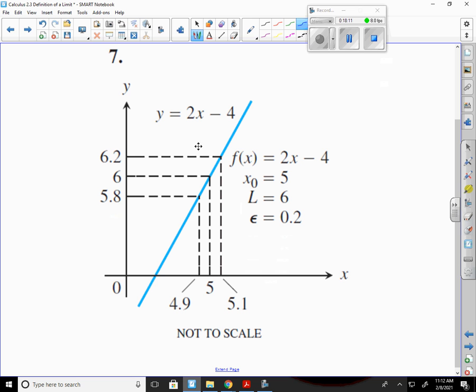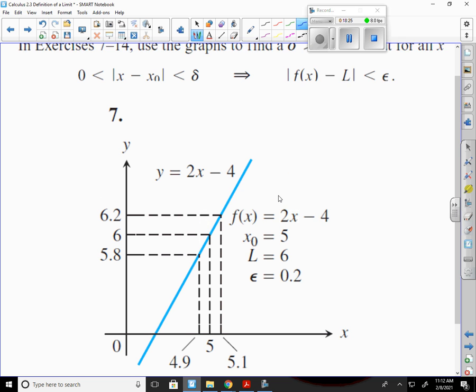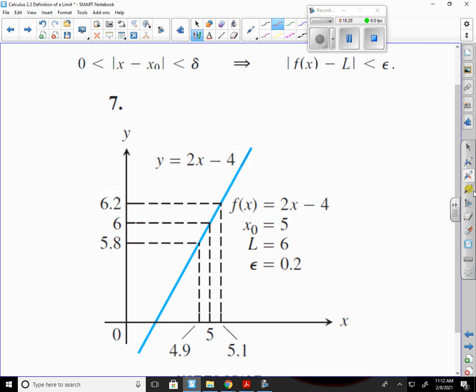So if I'm looking for an epsilon of 0.2 away from 6, our limit, then f of x minus our limit 6 has to be less than 0.2. That can be 0.2 above or 0.2 below.